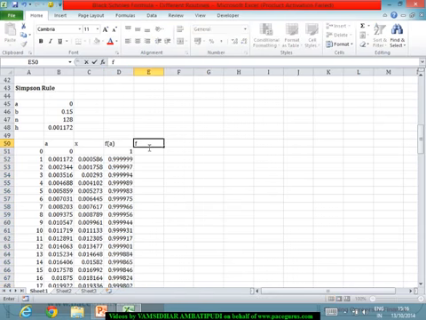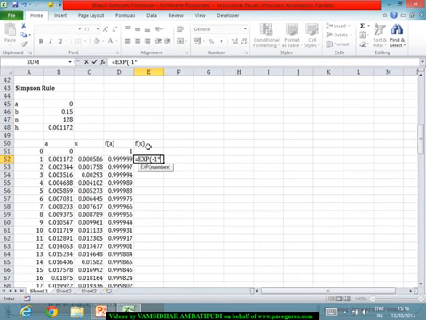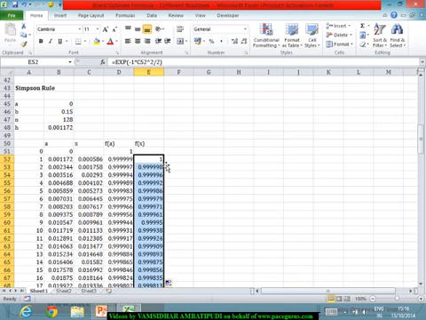I can also find out f of x like that, which from here comes out as e to the power of minus 1 times x squared by 2. So this number comes out to f of x, right, e to the power of minus x squared by 2, coming out to this much.